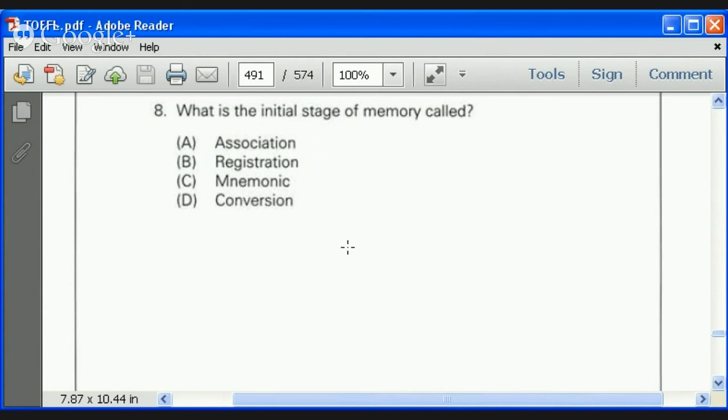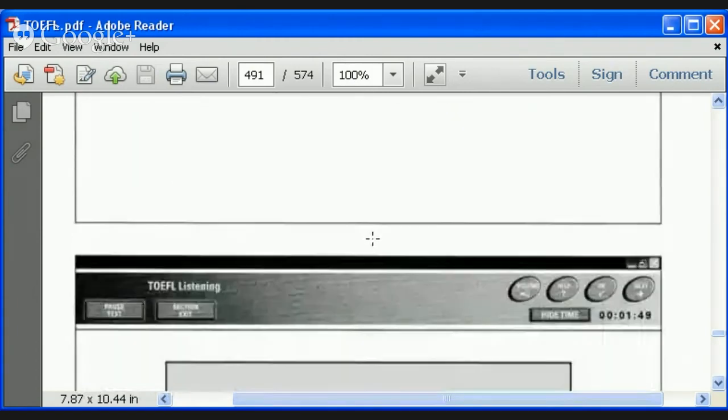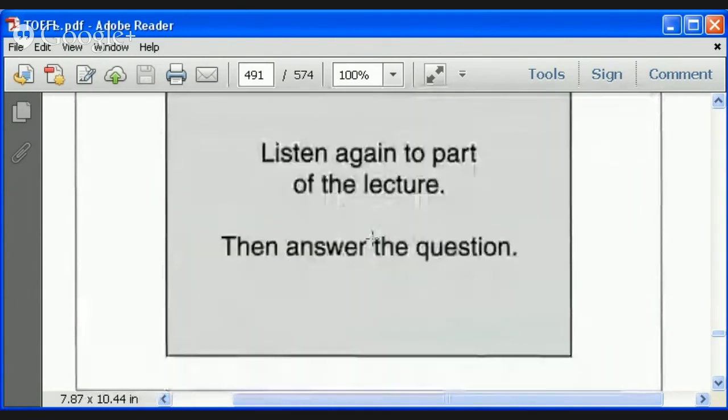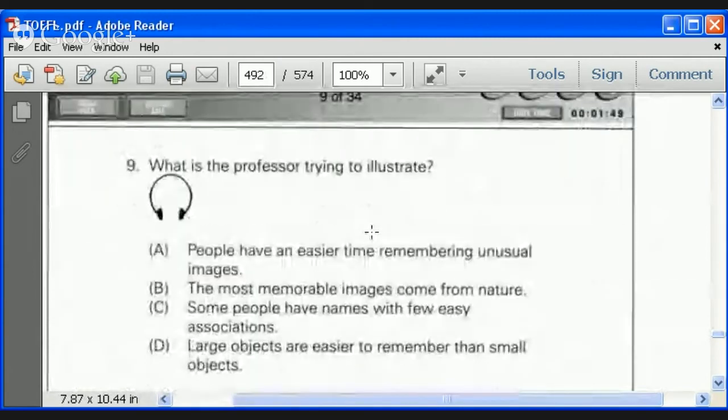That's why I wrote 1, registration, arrow, STM. 2, I'm using the numbers and the arrows and the lines in my notes to express the idea of the relationship between these keywords. That's what all the questions are going to be about. So it's a decent way to go about it.